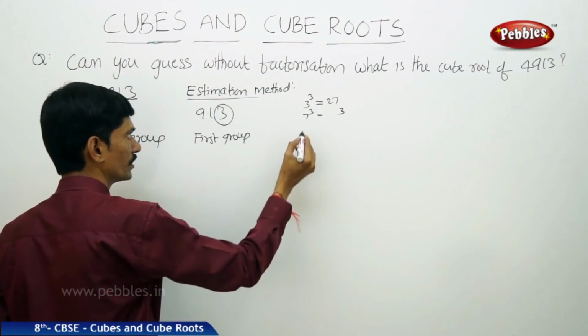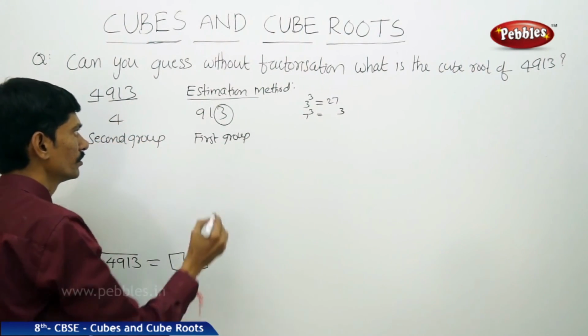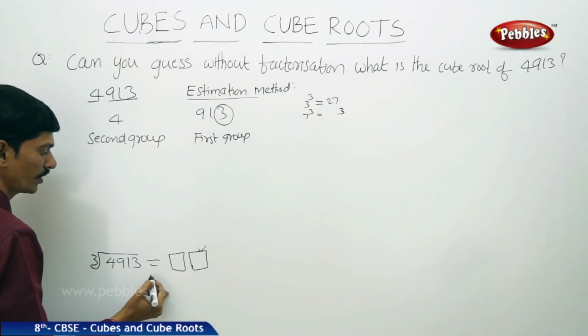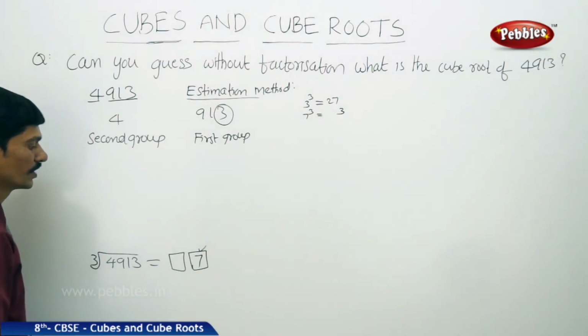So if a number ends with 3, then its cube root ends with 7. So the units place of the required cube root is 7.